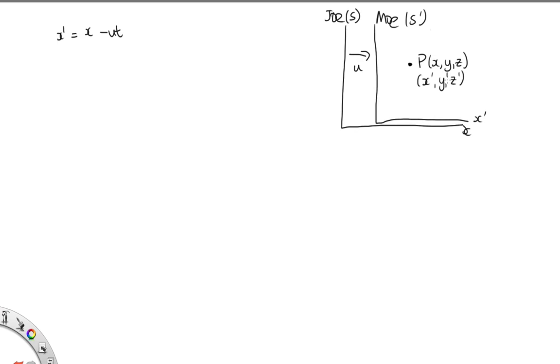Now in the y direction and the z direction, there is no relative movement between these two frames, so these coordinates stay the same. So we've got y dash is equal to y and z dash is equal to z. And obviously time is not going to depend on your reference frame, so we also have t dash is equal to t. And these are called the Galilean transformations.